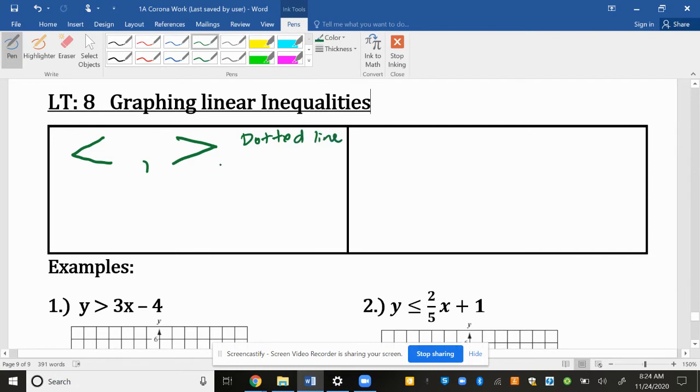And I'll give you an example of a dotted line here. I think another word is perforated or something like that, where it's a dotted line.